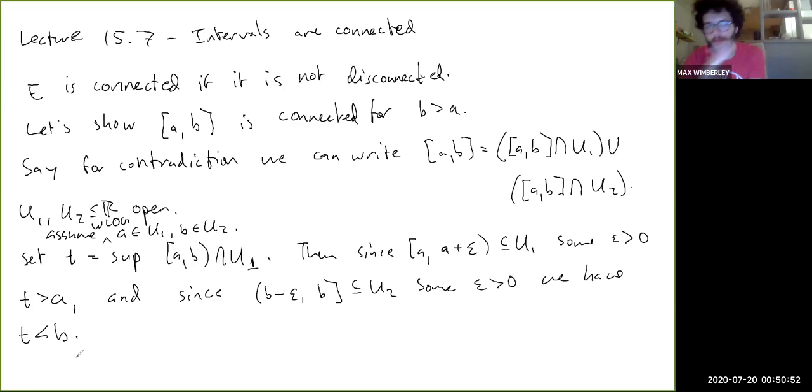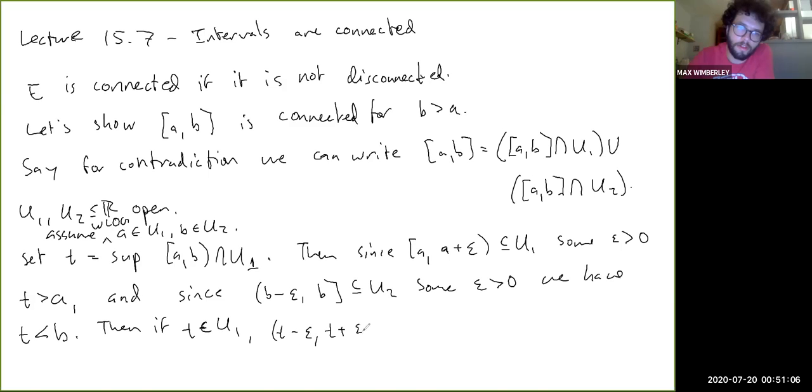Okay, so if T is in U1, then (T - epsilon, T + epsilon) is a subset of U1 intersect [a,b] for some epsilon greater than 0.